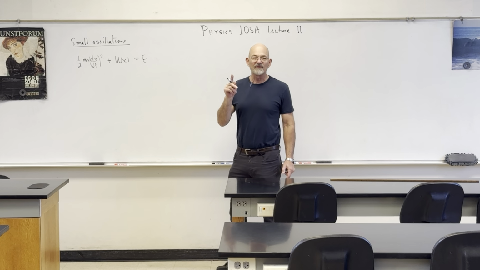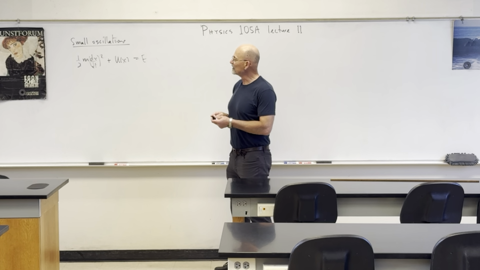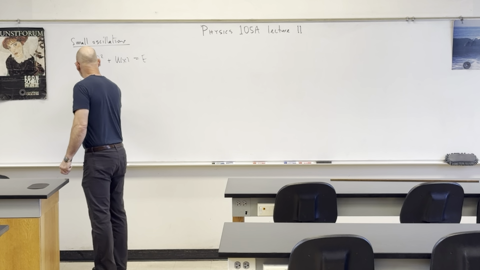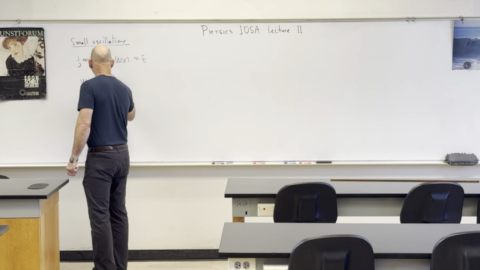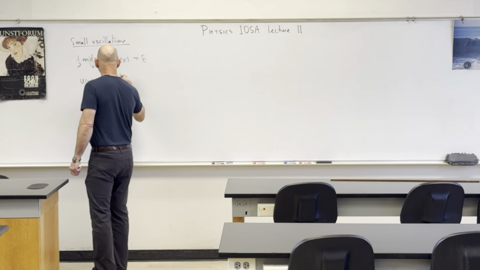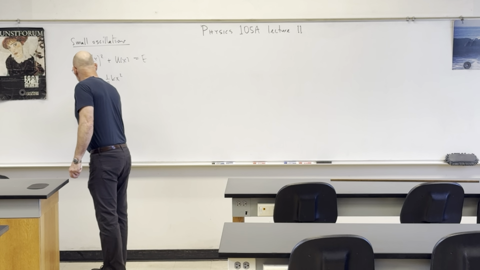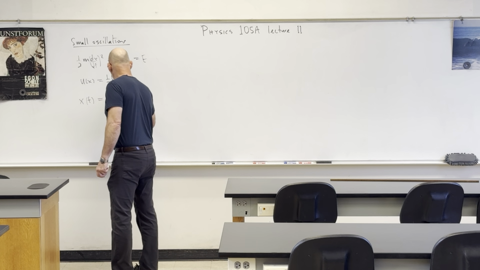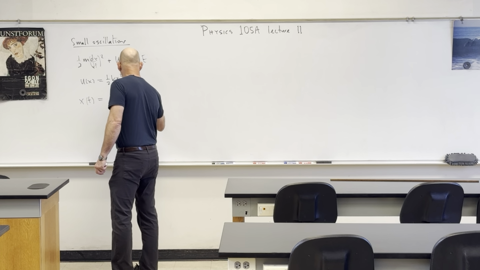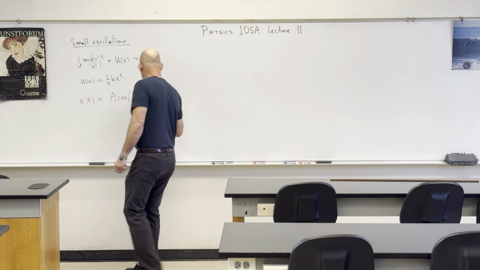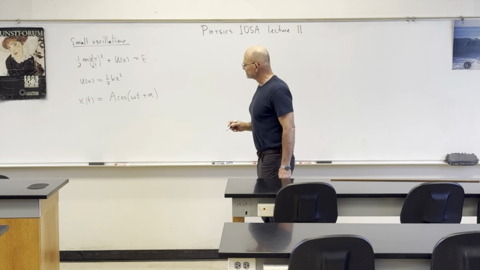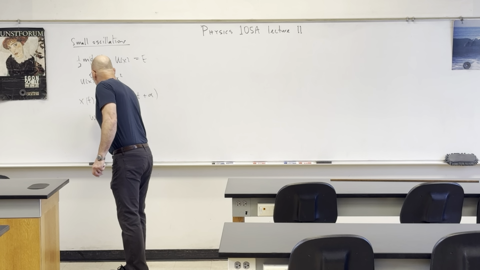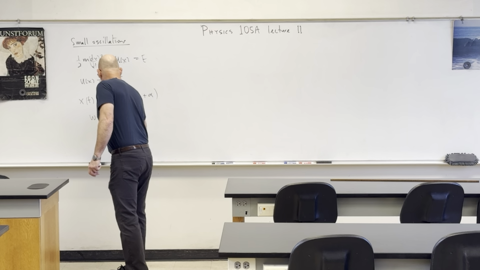I left you guys a couple steps in the integration of the energy as a homework problem. With u of x equals 1/2 kx squared, we find that x of t equals A cosine omega t plus alpha, the phase, and this omega is equal to the square root of k over m.